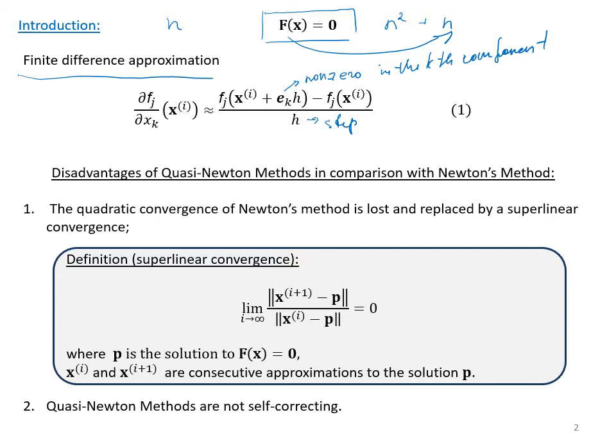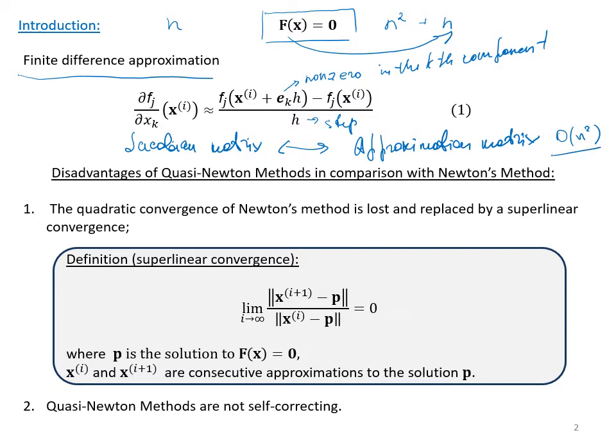The idea is that we simply replace the Jacobian matrix with an approximation matrix, which is easy to compute and which finally reduces our number of arithmetic operations. For Broyden's method, the number of arithmetic operations will be n squared.